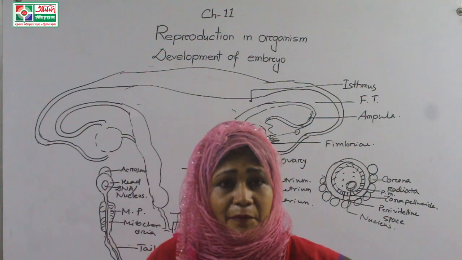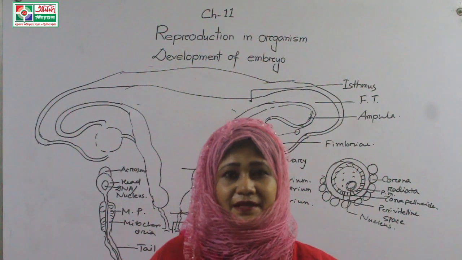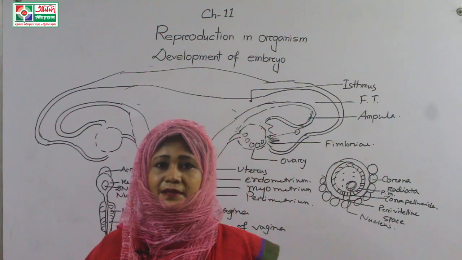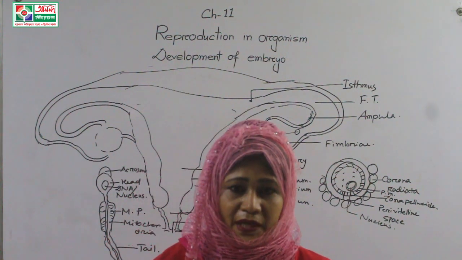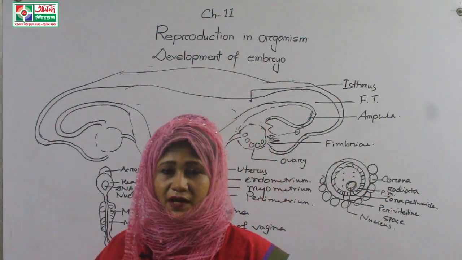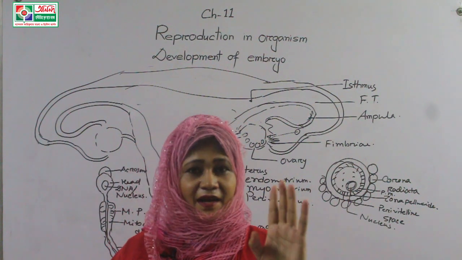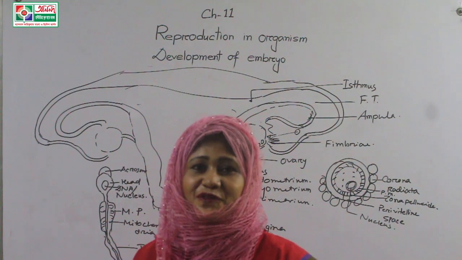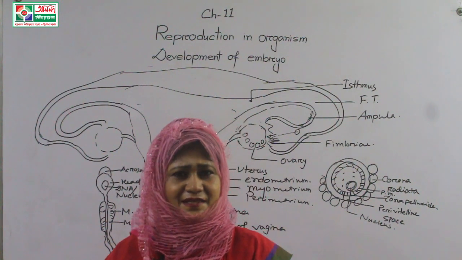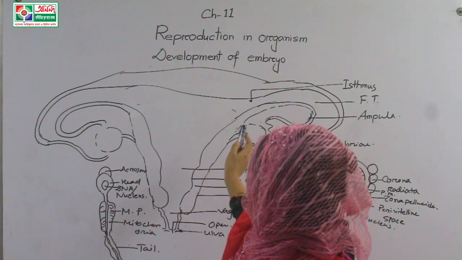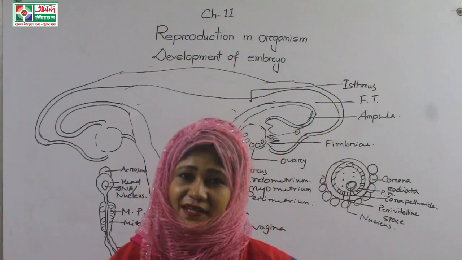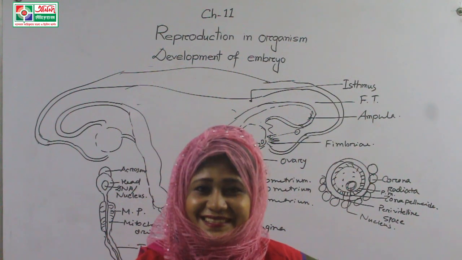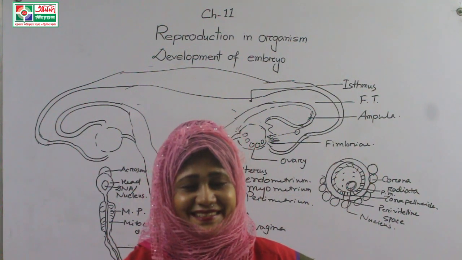There are some barriers or obstacles in the female reproductive structure that reduce the number of sperms. These obstacles are blessings for fertilization, because we don't need all the sperms.